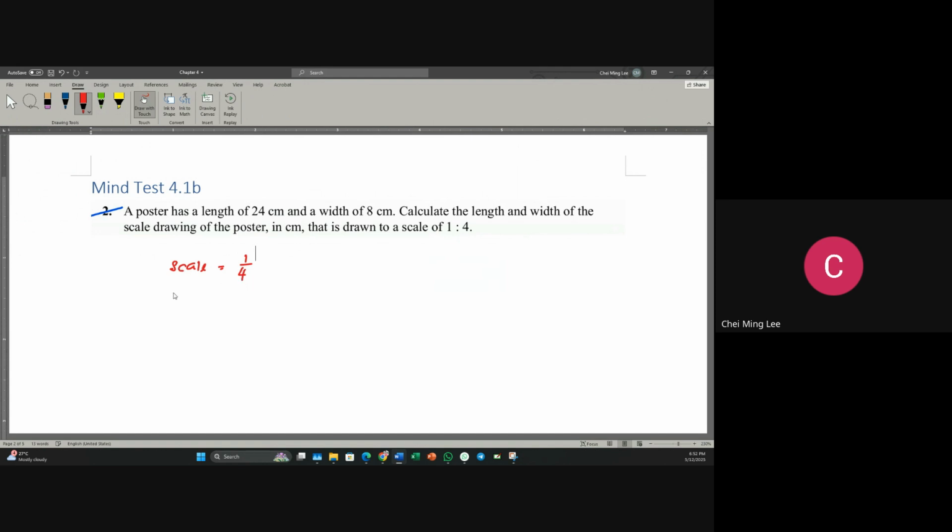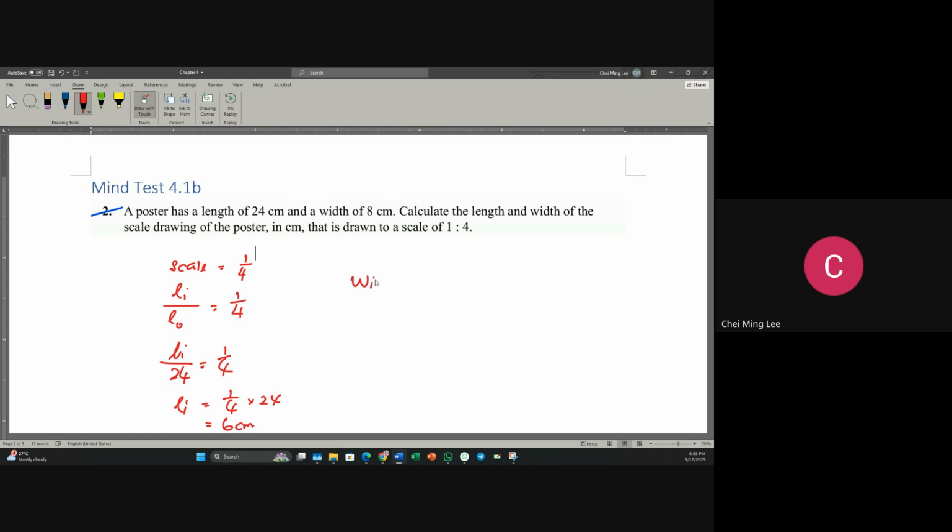The length of image divided by the length of object is equal to 1 over 4. The length of object is 24. So the length of image will be 1 over 4 times 24, which is 6 cm.